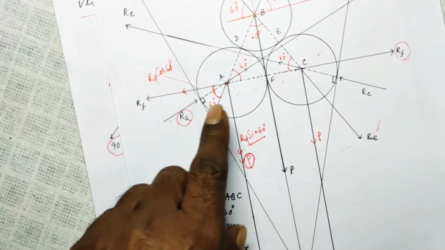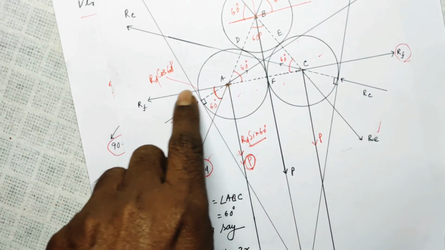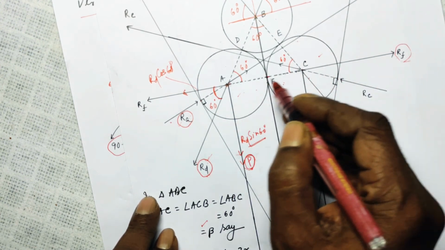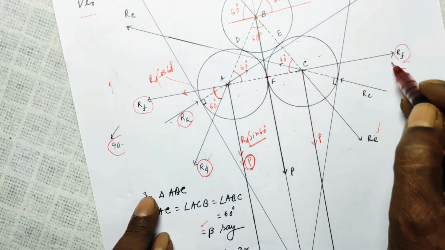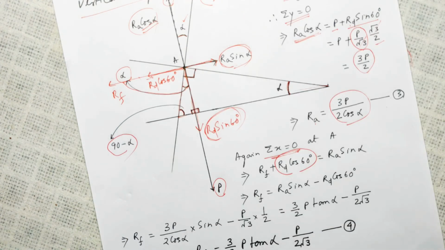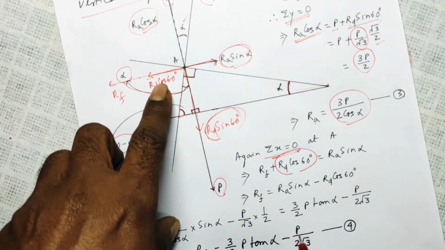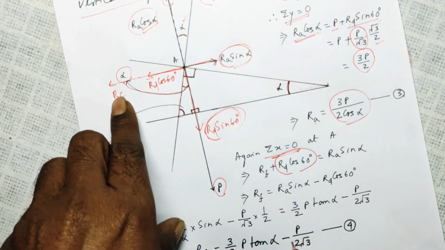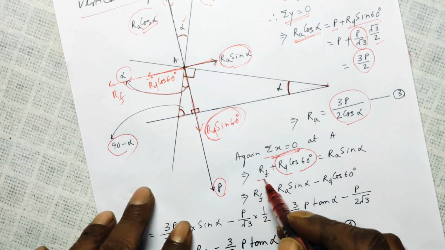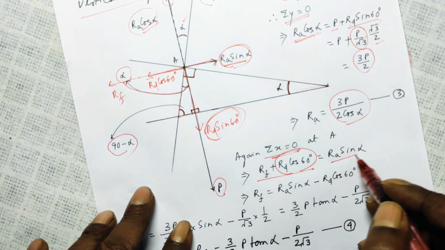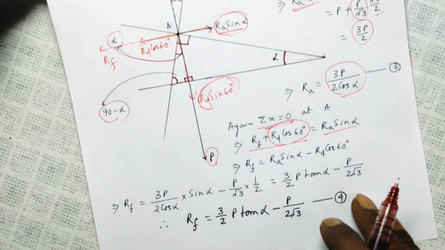If you look at the original diagram, RF was also to this side. At the point of contact F, the action reaction RF is horizontal. So RF and RD cos 60 are in the same direction. So both are added, and that is being opposed by RA sin alpha to make sigma x equal to 0.